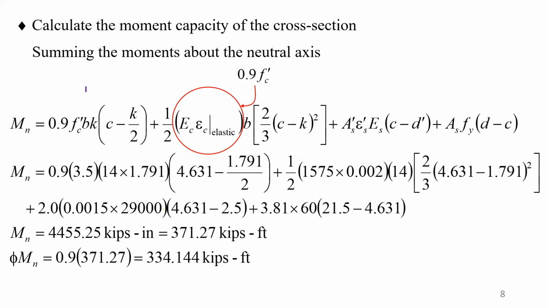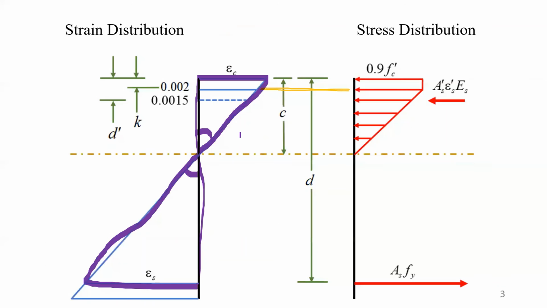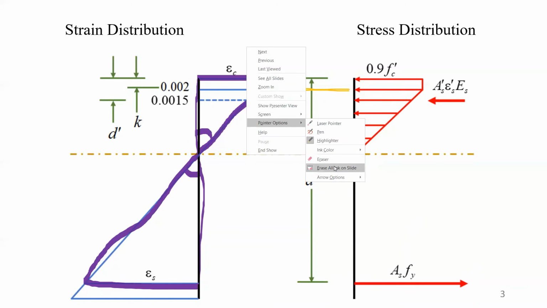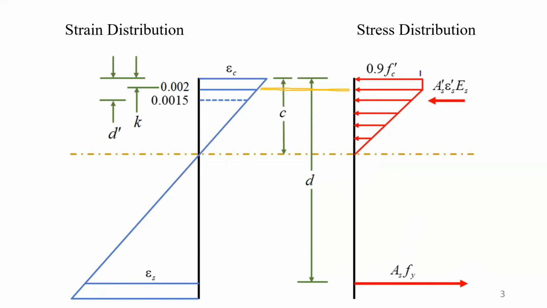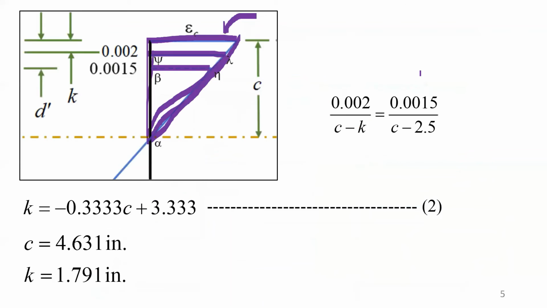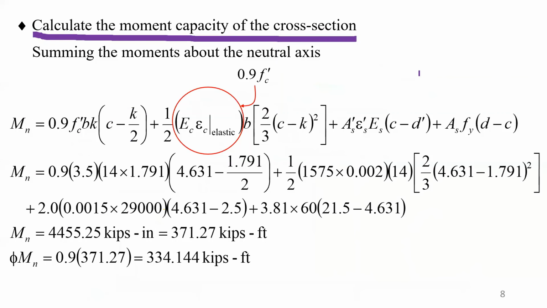Finally, calculate the moment capacity of the cross-section. Summing the moments about the neutral axis, we will get Mn equals 0.9 times f'c times b times k times (c minus k) over 2.